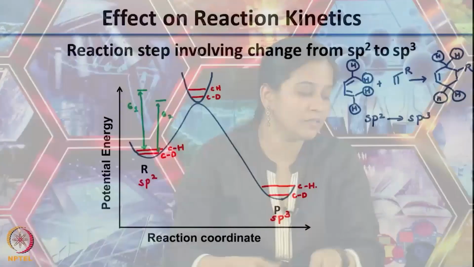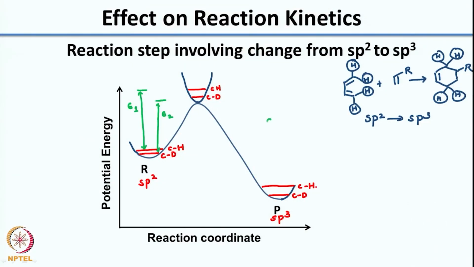So who will climb quicker? The person who has to climb the lower peak. So in this case you have E2 less than E1, because CD has to climb a lower peak as compared to CH. So E2 is less than E1, which implies KD is greater than KH. So essentially what that means is KH over KD is less than 1, alright.